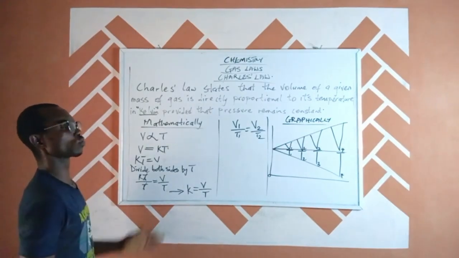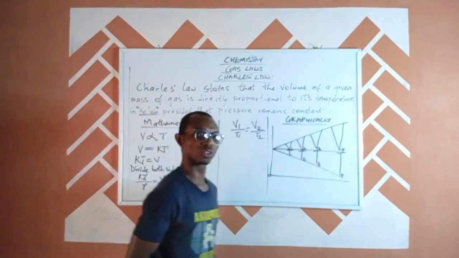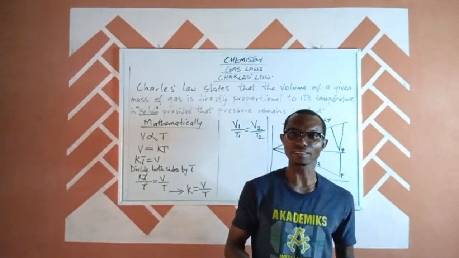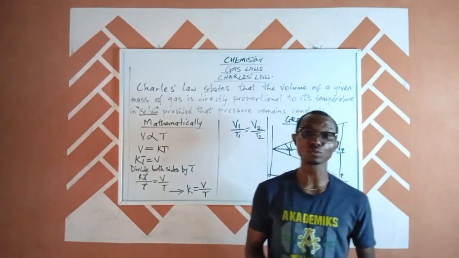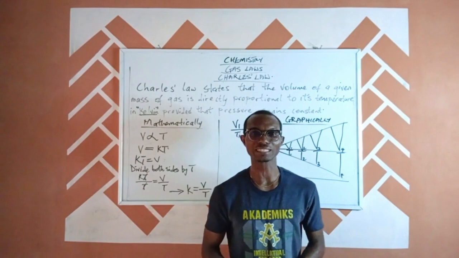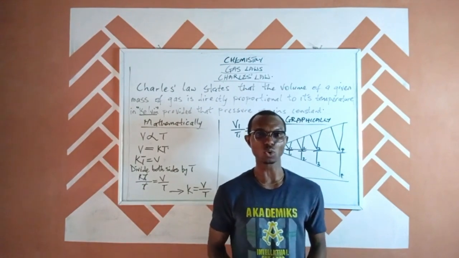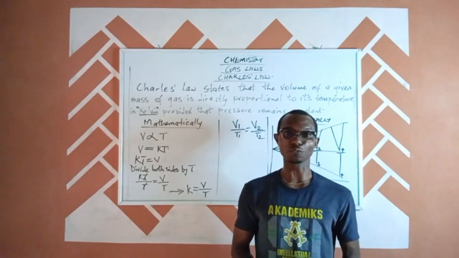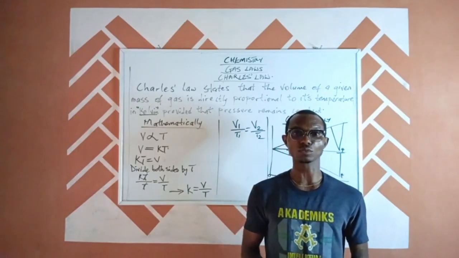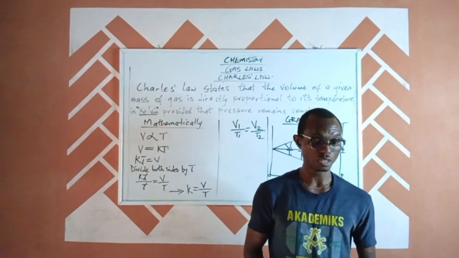Before you apply Charles law to any gas equation, you must make sure that all your parameters are in the proper units of the question. Let us take a few examples so that we can understand what Charles law is talking about.